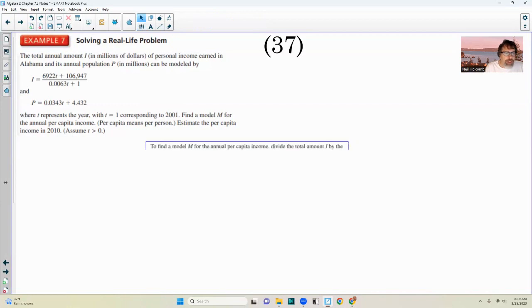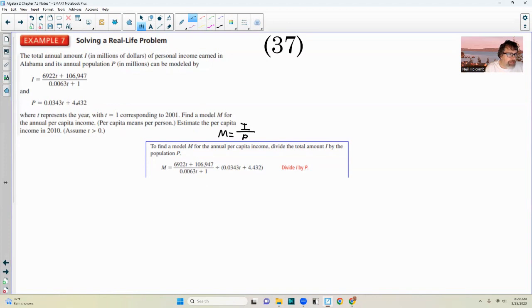Well, the first thing you do is you have to find a model M for the annual per capita income and divide the total amount I by the population P. So all we're doing is taking I and dividing it by P. So M equals I divided by P. They didn't write that, but they could have written first M equals I divided by P. That's all we're doing.